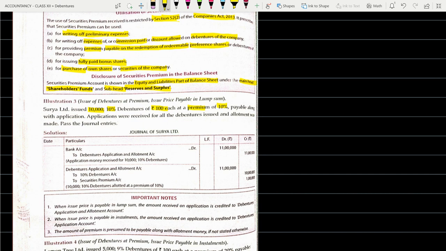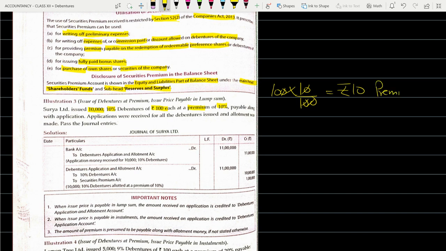If it is given on a percentage basis, apply the percentage on the face value. In this case, the face value is 100 rupees, and when you apply 10 percent of 100, that gives you an amount of how much? 10 rupees, right?